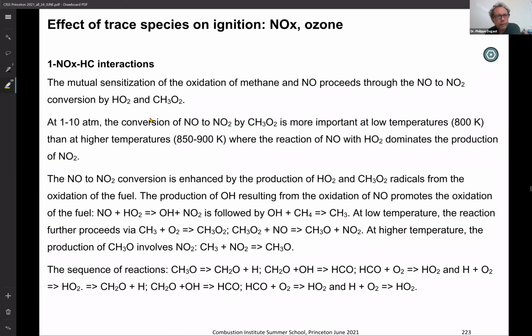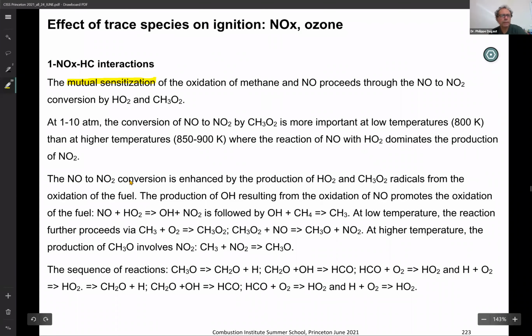And this was initially called mutual sensitization, which means that when you introduce NO in a mixture of, for example, methane and oxygen diluted by nitrogen, the interaction will favor the oxidation of NO into NO2 and favor the oxidation of methane. And this goes through interaction between NO and HO2 and CH3O2 in the case of methane.